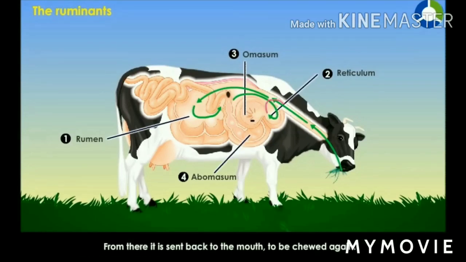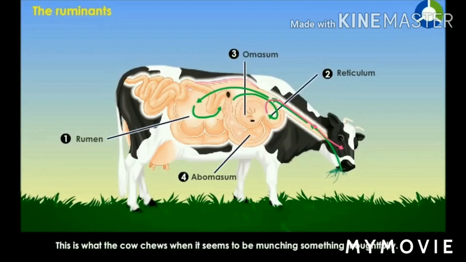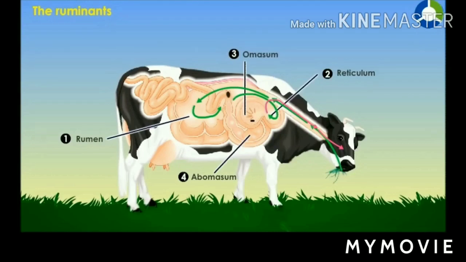From there, it is sent back to the mouth to be chewed again. This is what the cow chews when it seems to be munching something thoughtfully. Then we say the animal is chewing cud or ruminating. The rechewed food is swallowed again.